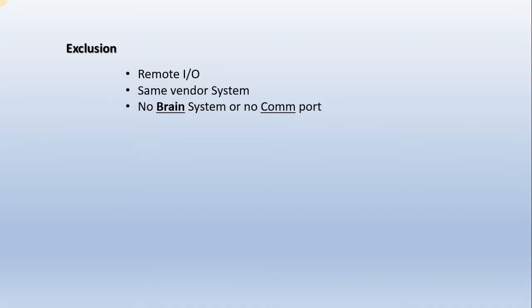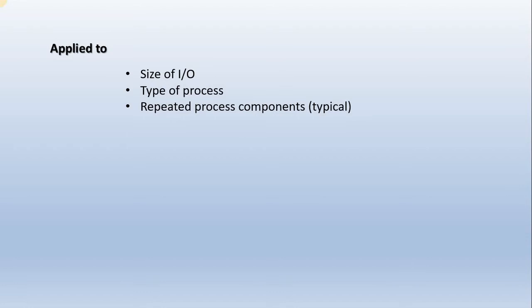So what we will do today is talk about systems which do not have remote I/O. So remote I/O is not included in our video today. If you have one vendor providing a lot of the system, let's say one DCS supplier and one system, then probably we will not talk about it. Same if your system does not have any communication port, then we don't talk about it.